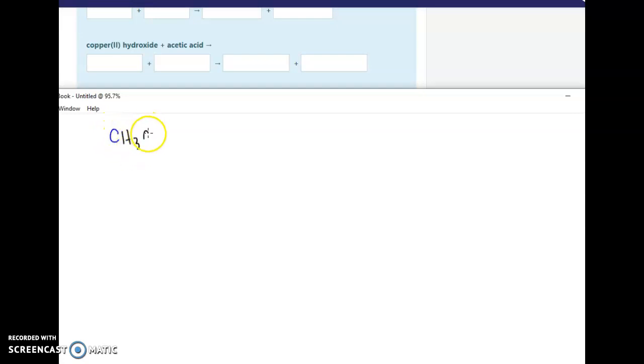Well, that's weird. Okay, written properly and not so crazy looking like this. This right here is acetic acid, yes.